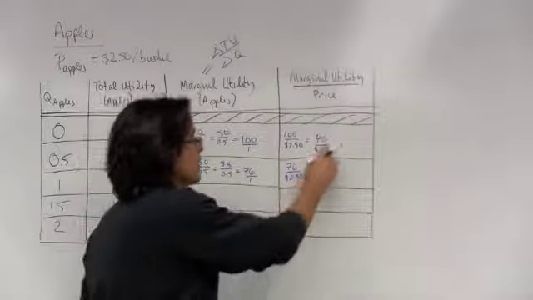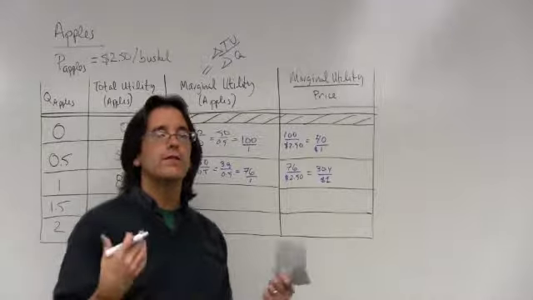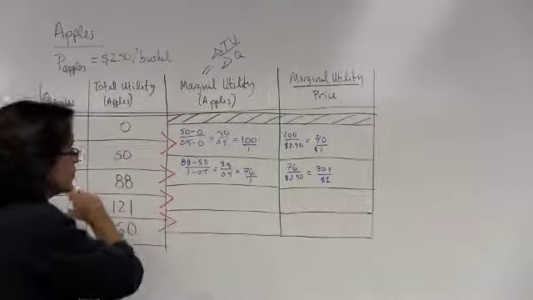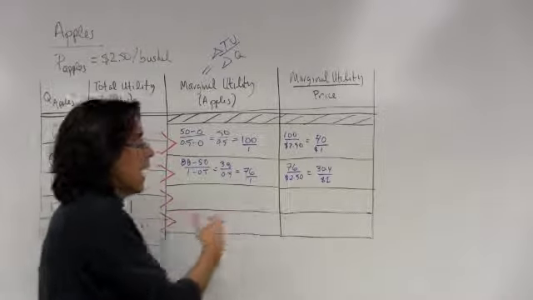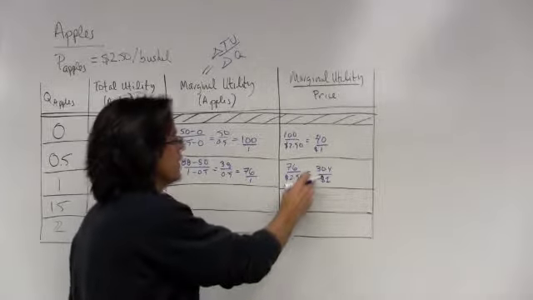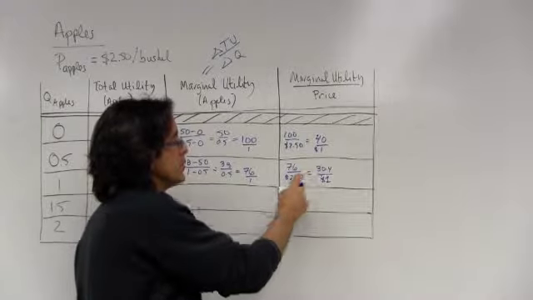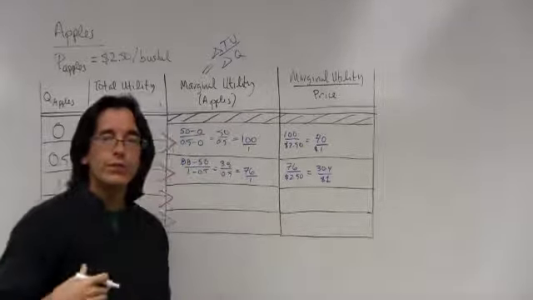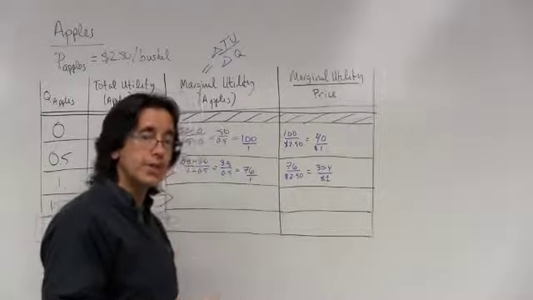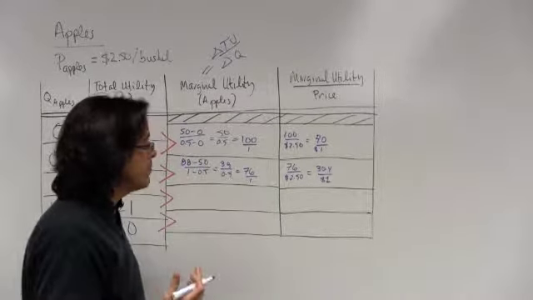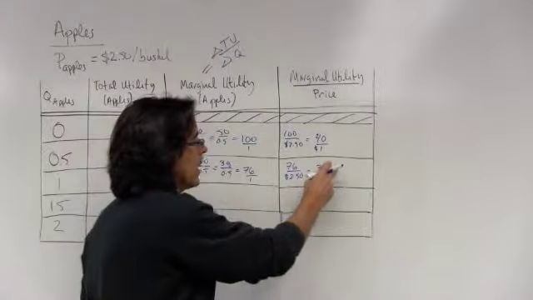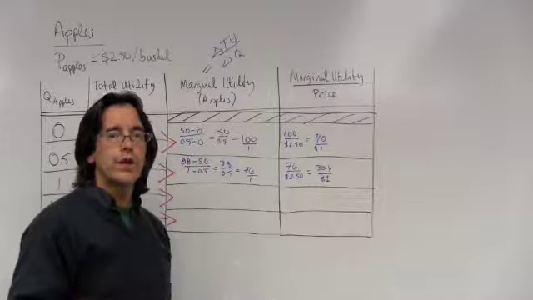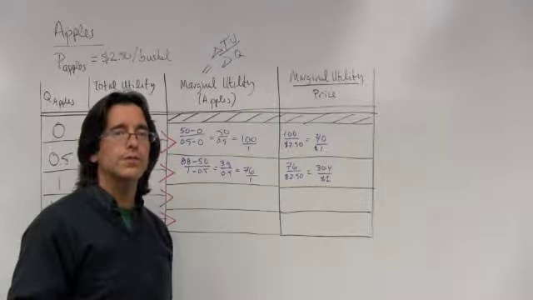So this is basically saying $1 buys us 40 additional units of utility. If we consume some apples, obviously our marginal utility changes. We get a new ratio of marginal utility to price: 30.4 over 1. And this is telling us that if we spend an additional dollar on apples, we should see an increase in total utility of 30.4 units.